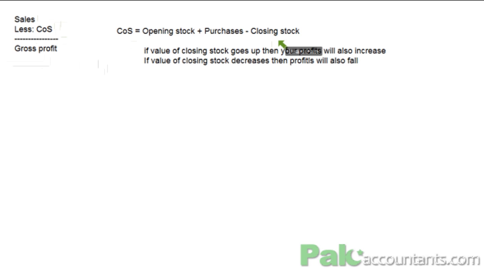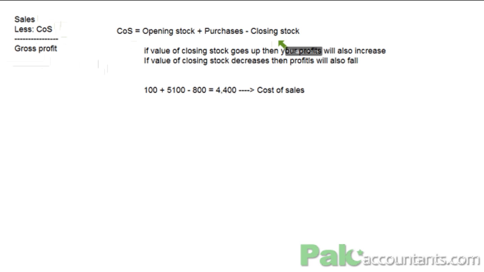Let's understand that with one easy example. Say you have opening stock of 100, purchases of 5,100, and the closing stock you have is 800. If you sum this all up, you get 5,200 minus 800, which gives you 4,400. This is your cost of sales.